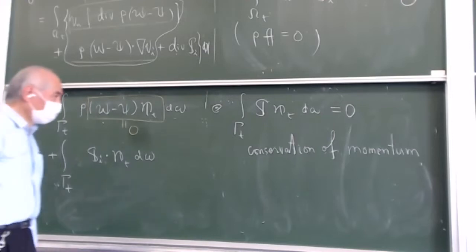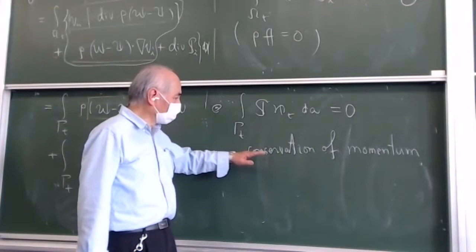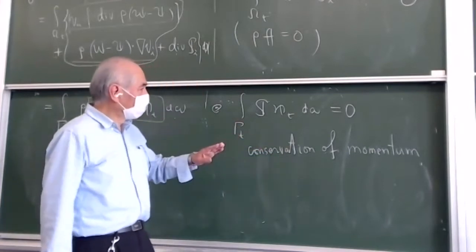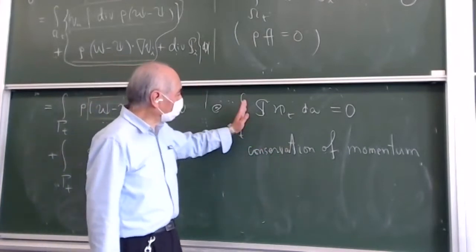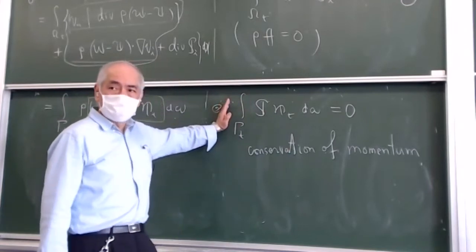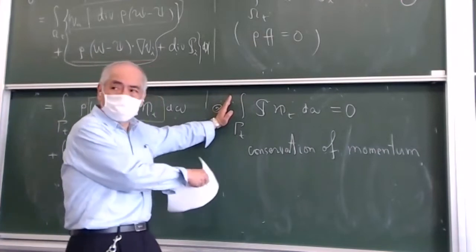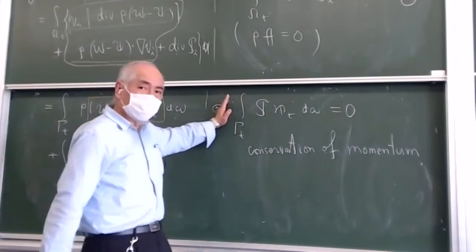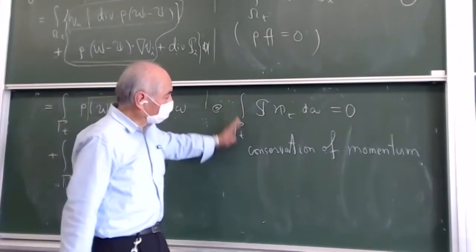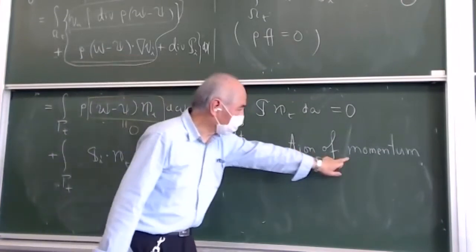As a boundary, if you consider the conservation of momentum, then the suitable boundary condition should satisfy this condition. So the requirement for the boundary condition is this one, to keep the conservation of momentum.